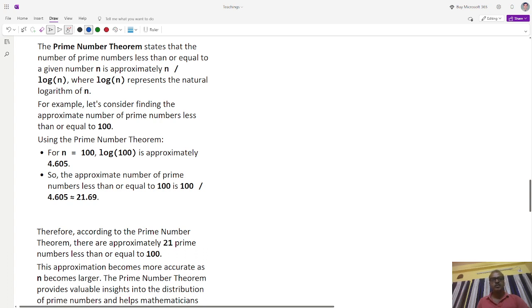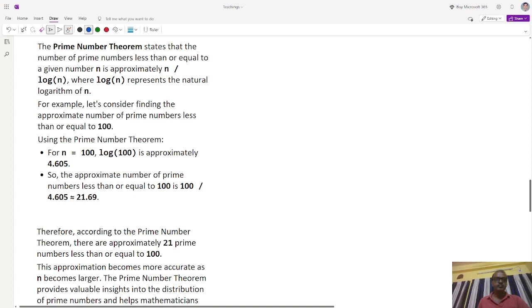But we already see that there are 25 prime numbers within 100. So, is it wrong?